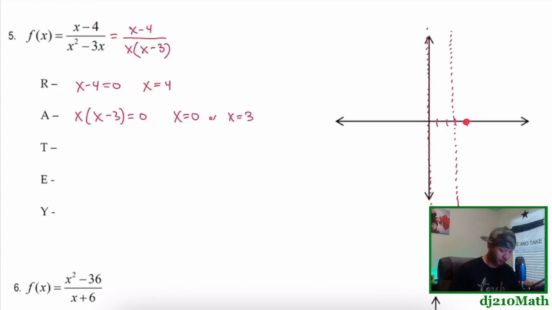All right, are there any square factors in the numerator? No. Denominator? No. Now the horizontal asymptote that the end will tend towards. So we compare the degree in the numerator to the degree in the denominator, and we see that this is bottom heavy.